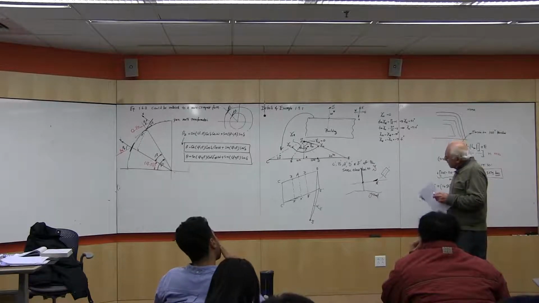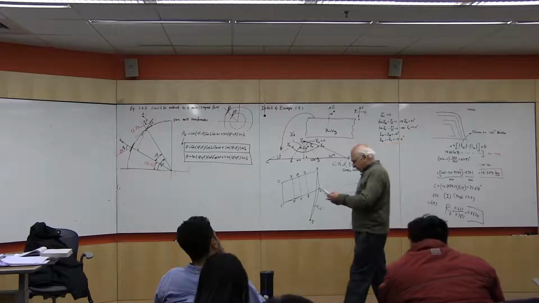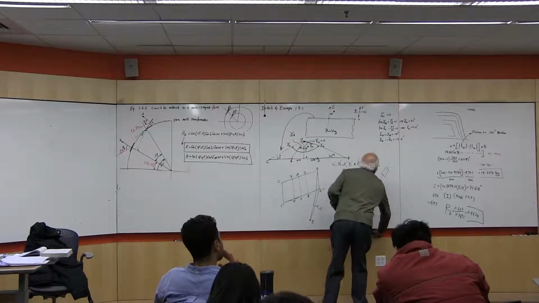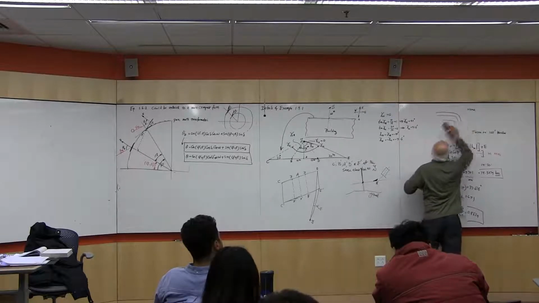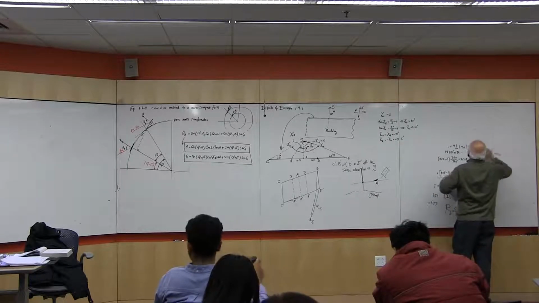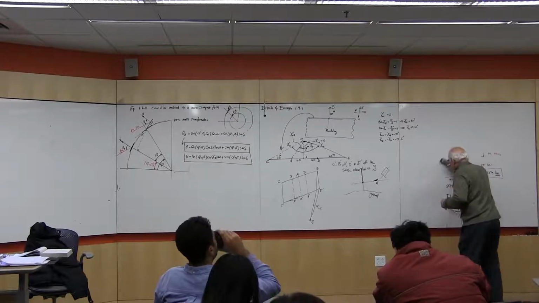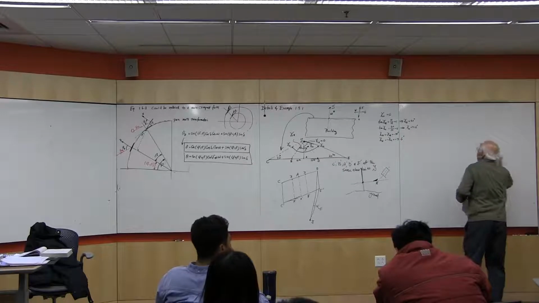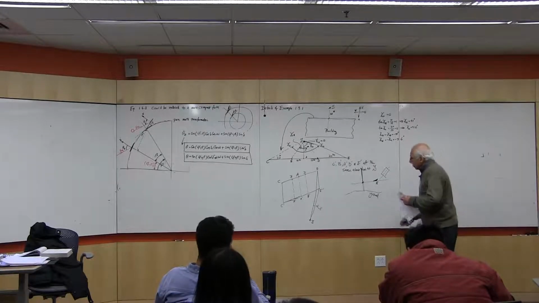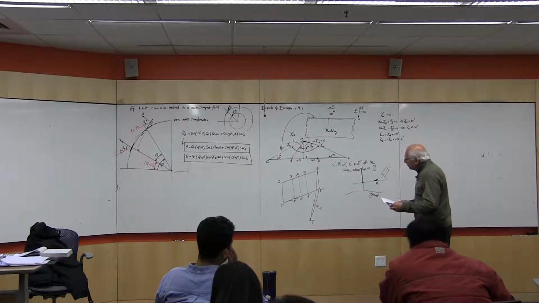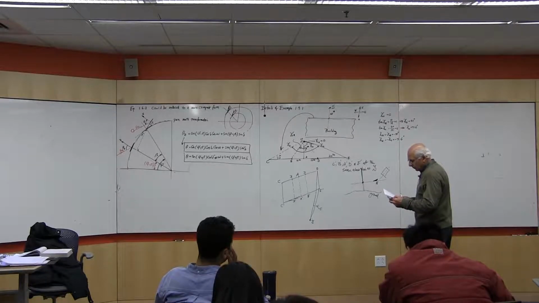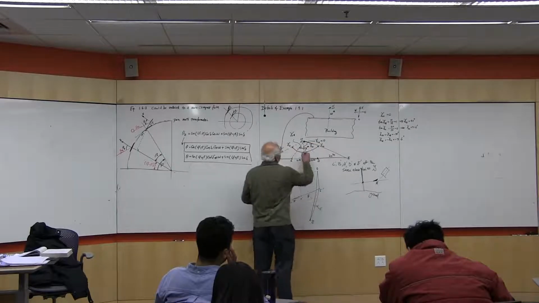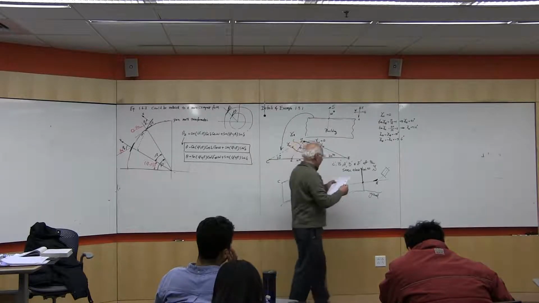Now alphas need a little bit of head scratching because we need to get some length here. Just simply SA, right, SA is 10 meters.